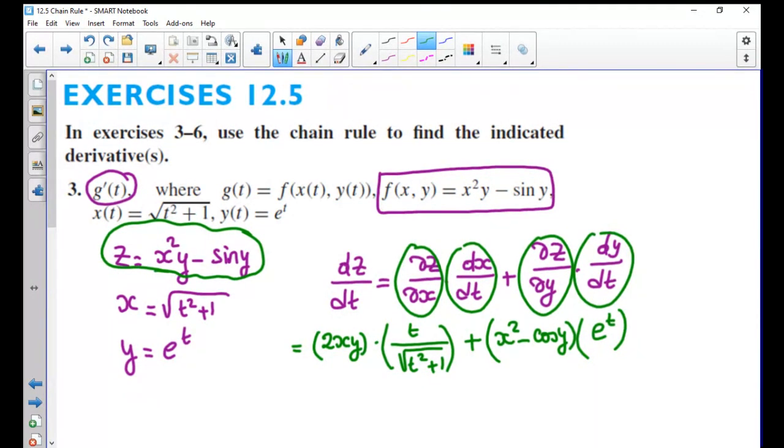Now, is this the end? Is this the final answer? No. What do we need to do now? We need to substitute. Yes.